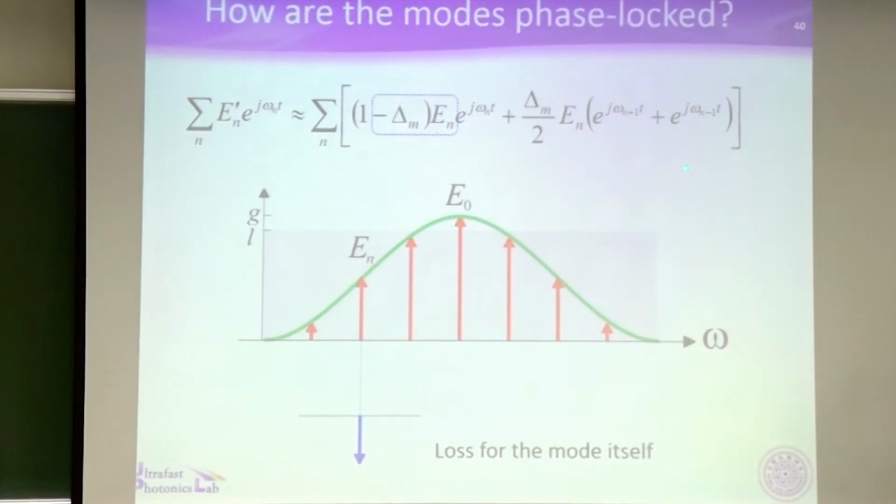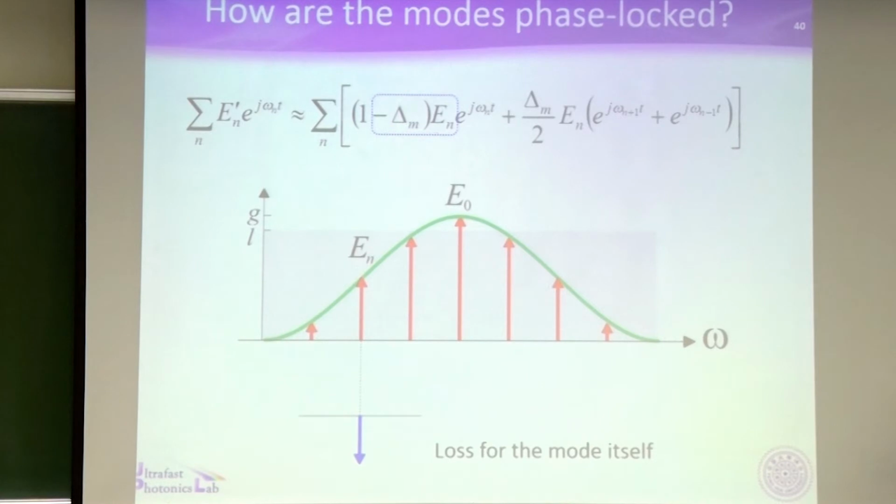If you observe the equation, say the red arrows represent the pulse modes, and the green curve represents your spectrum. If you pick one specific mode, the nth mode as an example, say En, when you have a loss modulator, the loss for the mode itself is represented by a downward arrow.